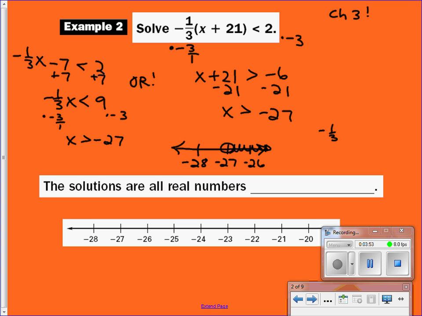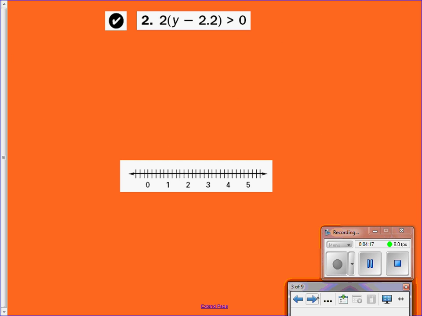So negative 1/3 times negative 24 plus 21, and negative 1/3 times negative 3. And negative 1/3 times negative 3 is 1, which is less than 2. You can always, if you want, 0 would be in the shading. You can plug in 0. It would be perfectly fine. I just like to stay really close because then my solution looks really close.